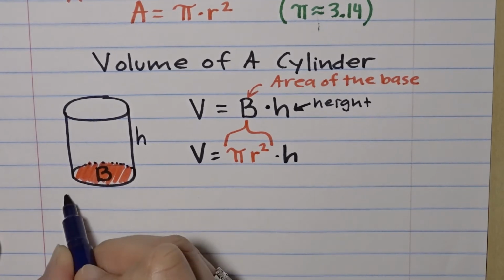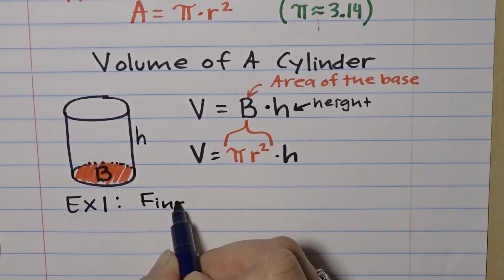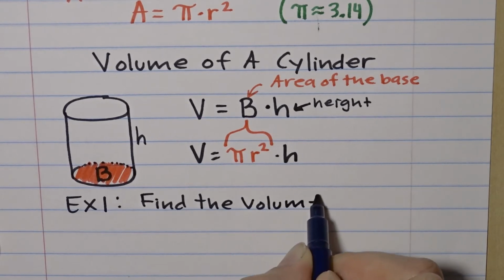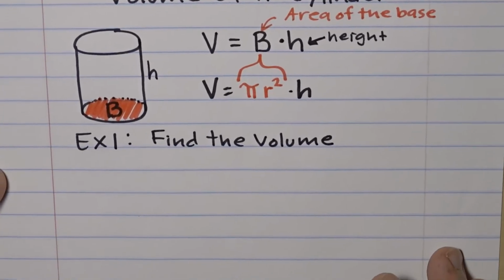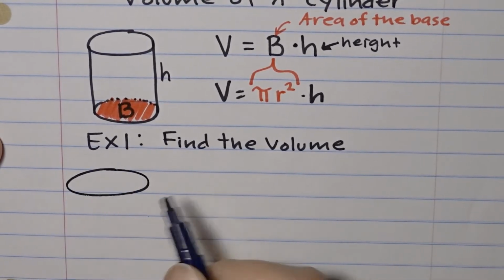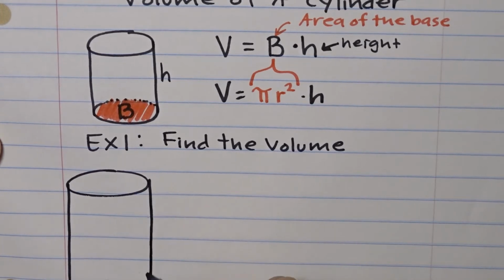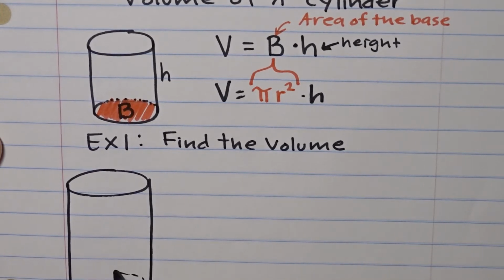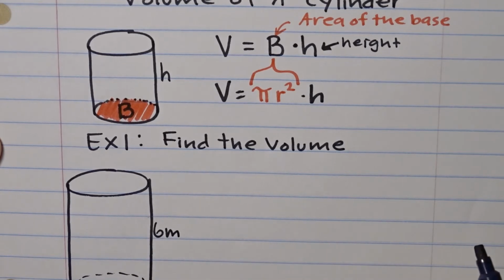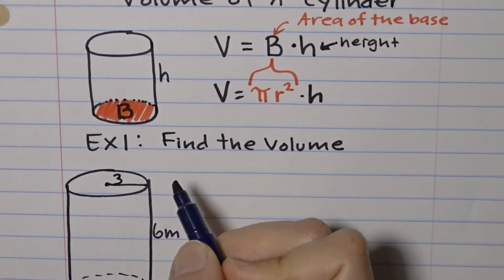So let's call this example 1. Find the volume. You're given a cylinder, and the height of that cylinder is 6 meters. And the radius given for the top is 3 meters.